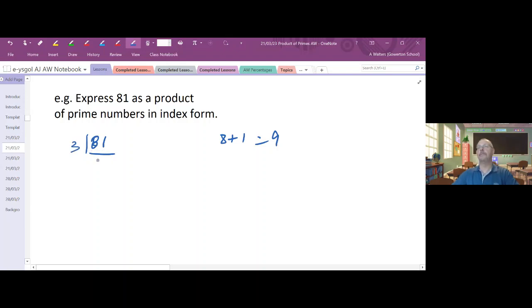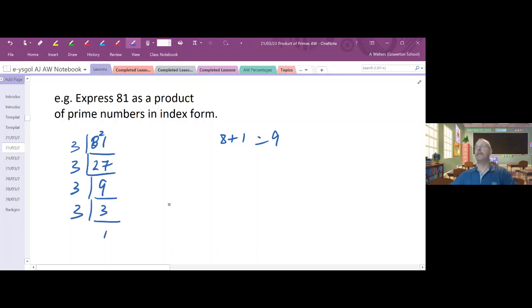3 into 8, 2 3s are 6, carry 2. 3 into 21 is 7. I should know that 3 goes into 27 from my 3 times table, 9 times. 3 goes into 9, 3 times, and 3 goes into 3 once.